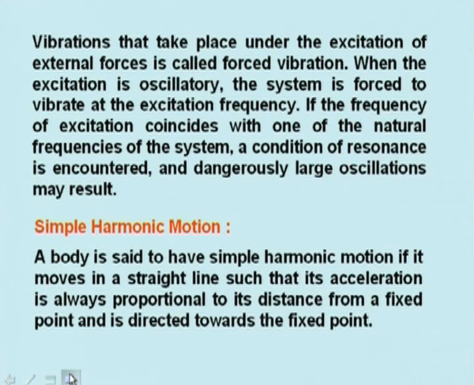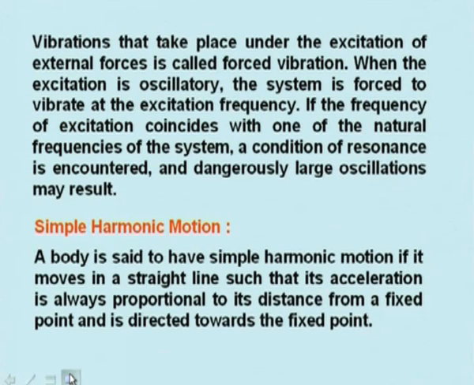A body is said to have simple harmonic motion if it moves in a straight line such that its acceleration is always proportional to its distance from a fixed point and is directed towards the fixed point. This is one definition of simple harmonic motion.